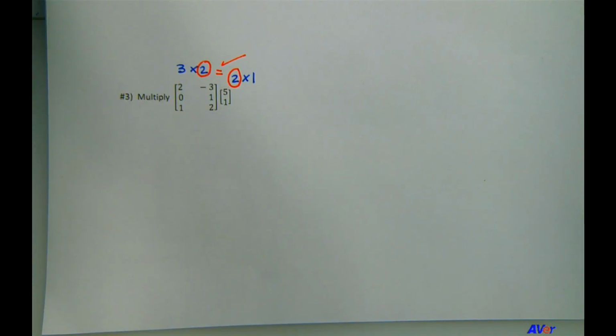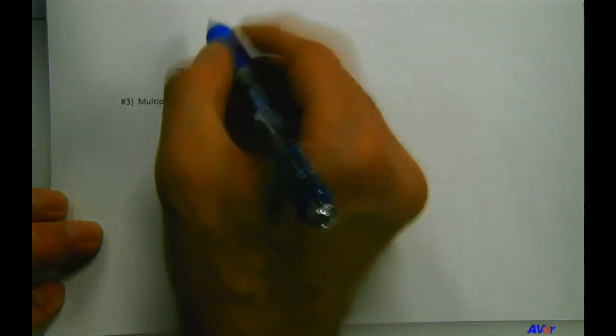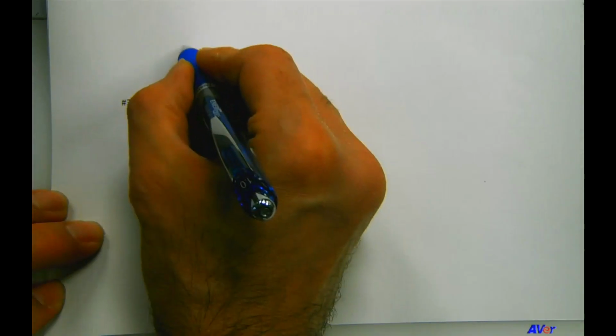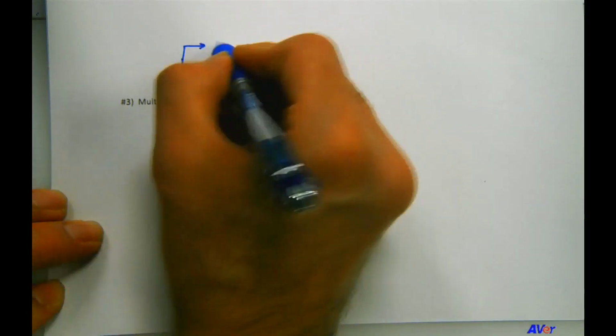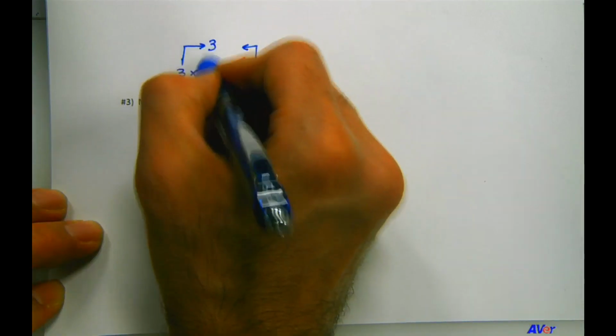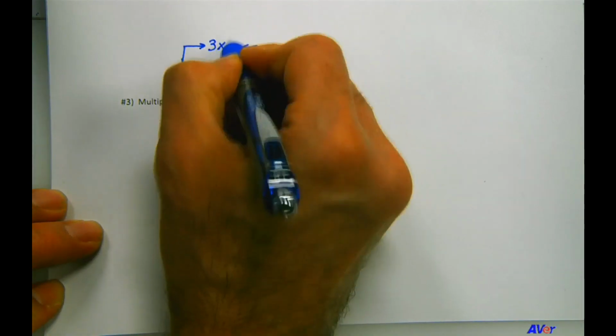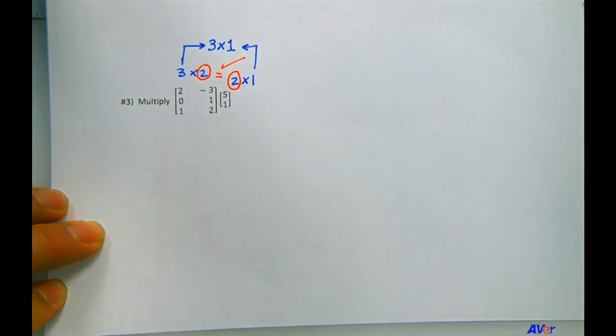Okay, so now the question is, what is going to be the size or dimension of the resultant matrix? Okay, so that'll be, take this number and that number. So the resultant matrix will have 3 rows and 1 column. So it's going to be a 3 by 1 matrix.